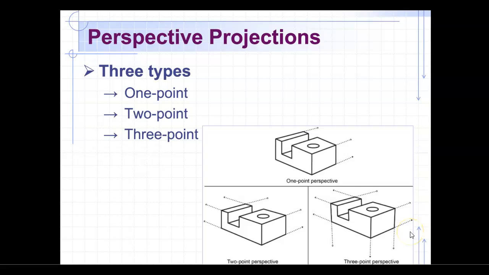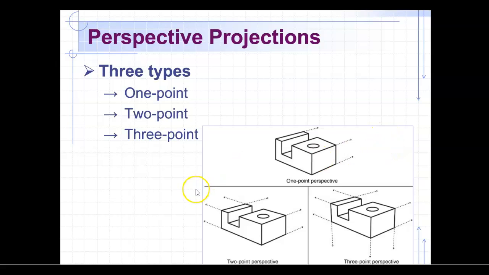Now, one of the ways that you can distinguish between a perspective drawing versus an isometric or an oblique, of course, is whether the lines are parallel or not. On a perspective drawing, none of your lines are going to be parallel with each other. They're all going to more or less try to converge somewhere out in space to a single point.